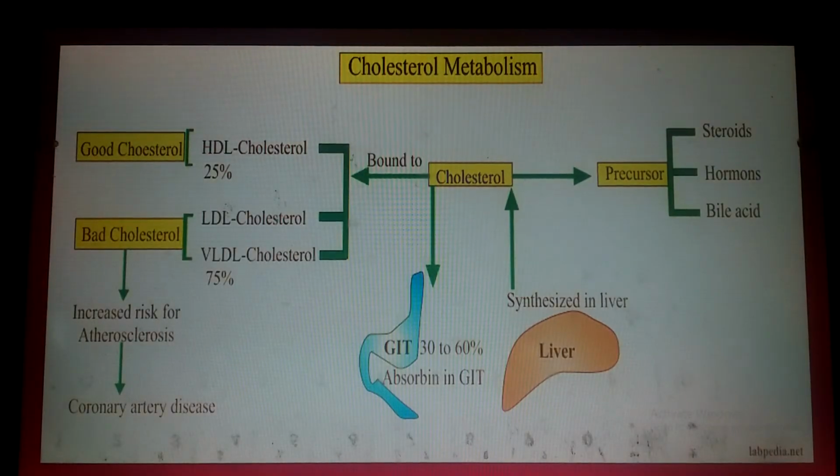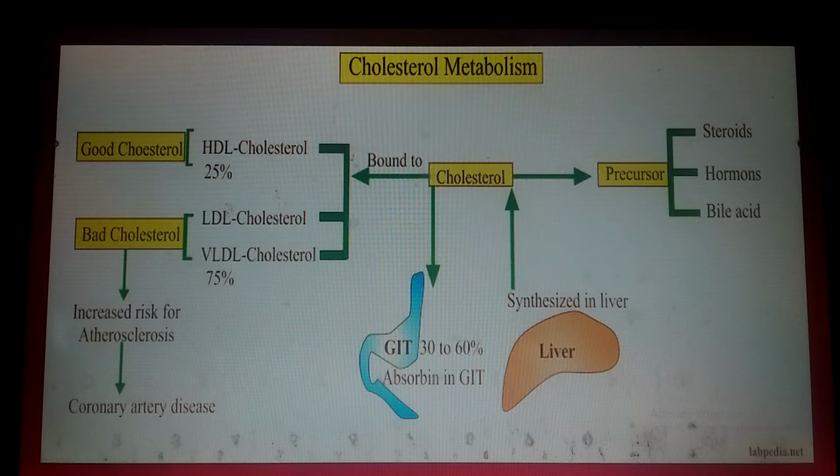Okay. Now cholesterol metabolism. When the cholesterol is synthesized in the liver, then what will happen? This cholesterol which is synthesized in the liver, about 60% is absorbed in the GIT, meaning gastrointestinal tract.